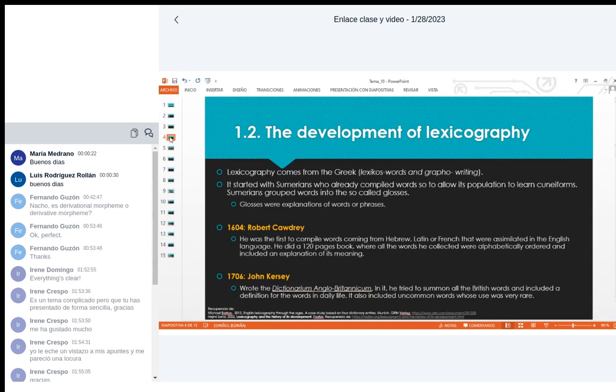The Sumerians had different charts, also called glosses, into which they classified words.